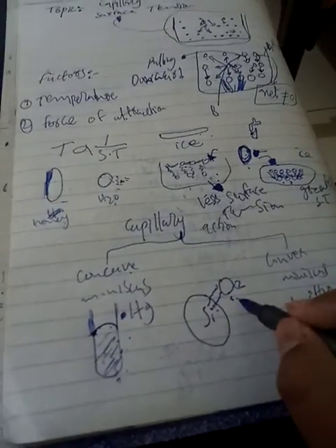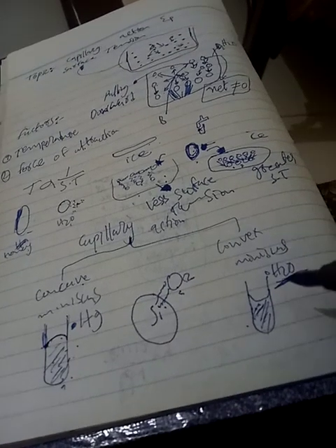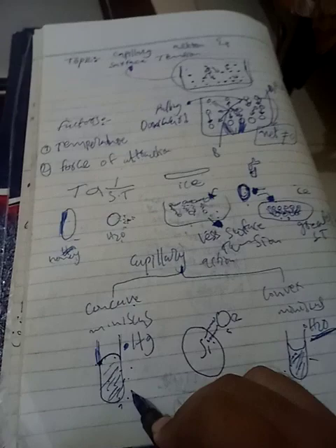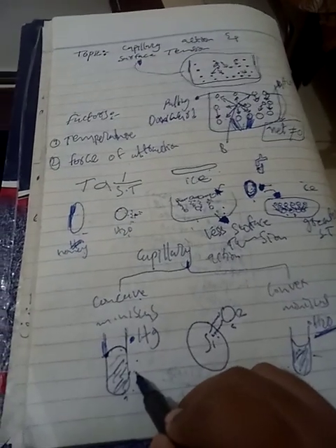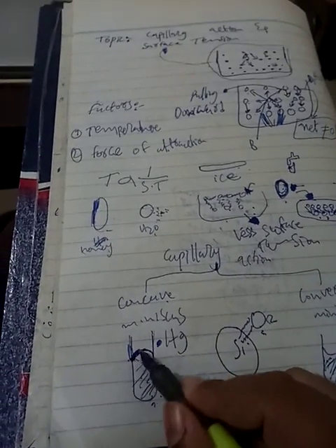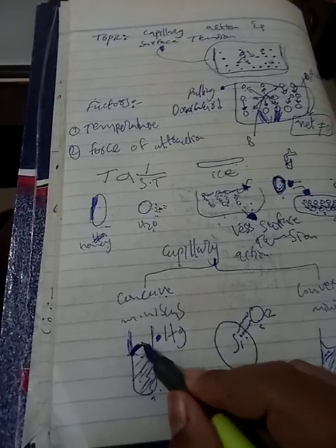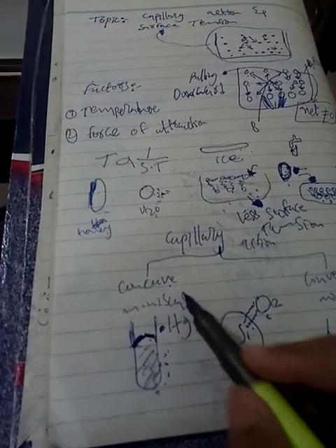Because of that, this H2O is attracted toward the glass, and here mercury does not try to attract the electron. Instead of attracting it, it repels itself from the glass, and because of that it makes a dome shape, and that dome shape is known as concave meniscus.